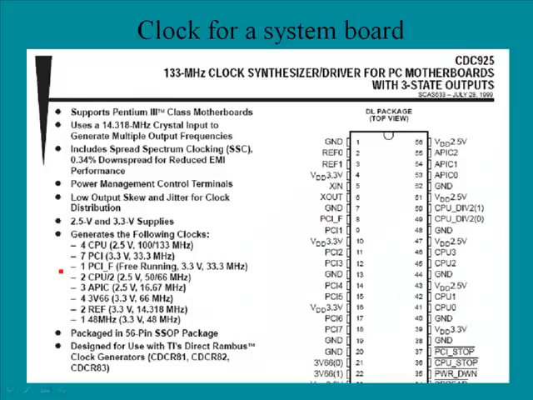And this is actually a part of a data sheet for a 133 megahertz clock synthesizer driver for PC motherboards.